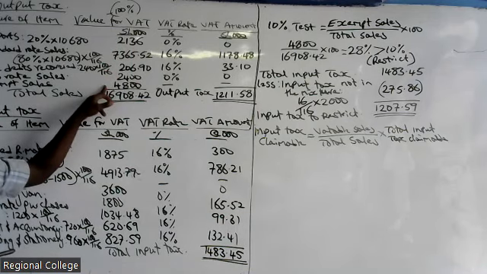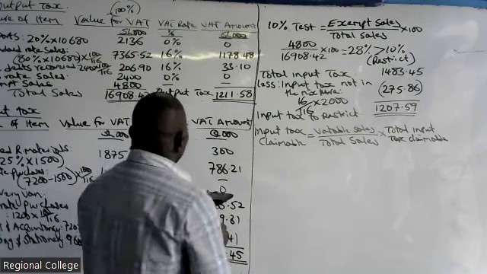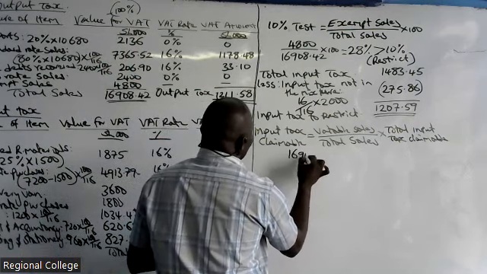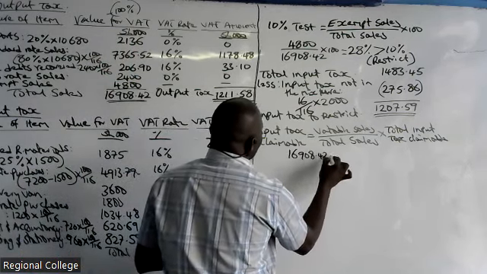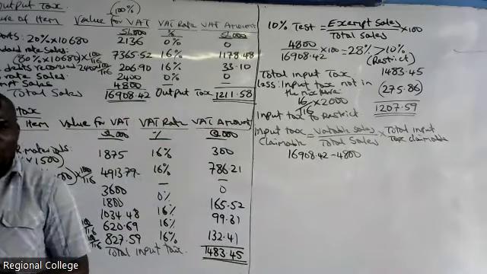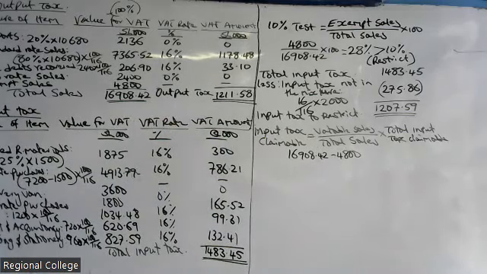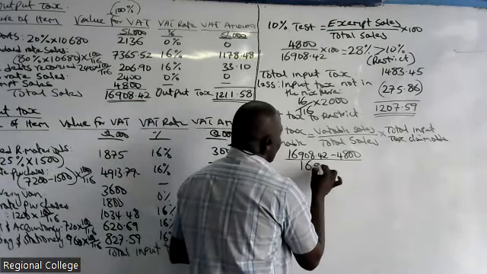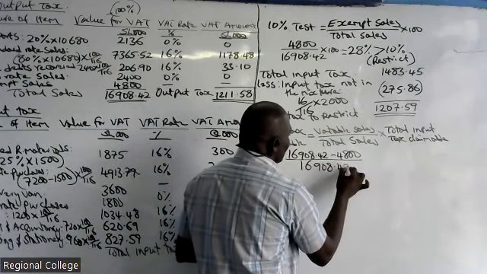So the difference is the variable, right? So that my variable sales becomes 16,908.42 minus 4,800. Using the variable. Total sales minus exempt. Then I divide by the total sales above only 16,908.42.